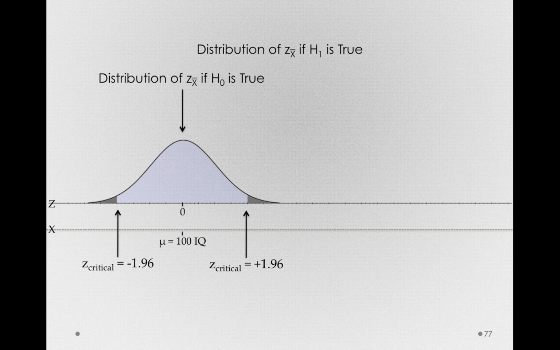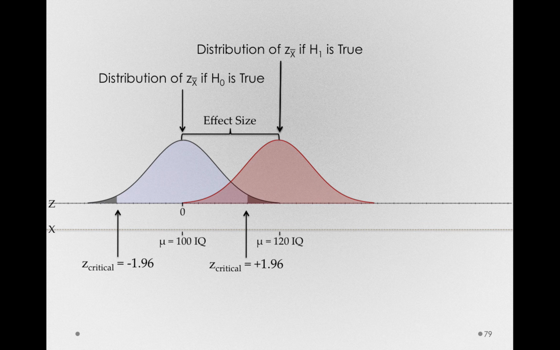But we just picked a specific alternative hypothesis. What if the mean after treatment was centered at 120? Let's draw that distribution in. This is the distribution of z sub x bar if H1 is true in that specific way, with that one particular effect size. And notice that these are the sample means we're likely to get, and these are the sample z sub x bars we're likely to get if the alternative hypothesis is true in that particular way.